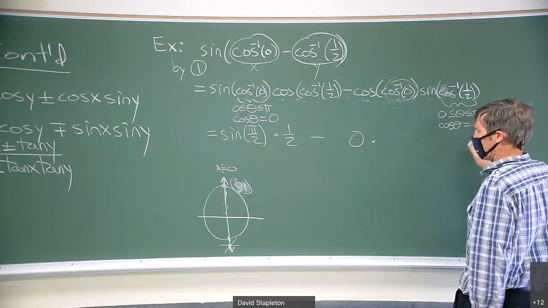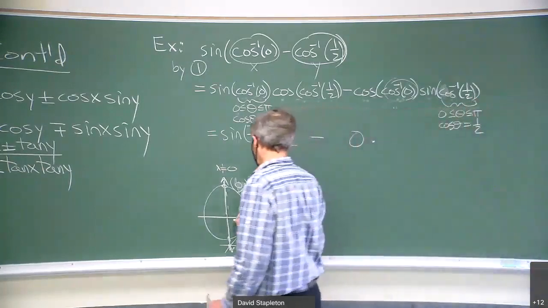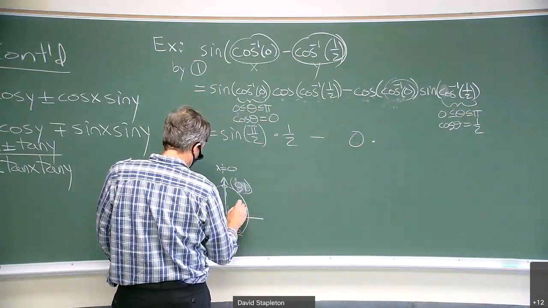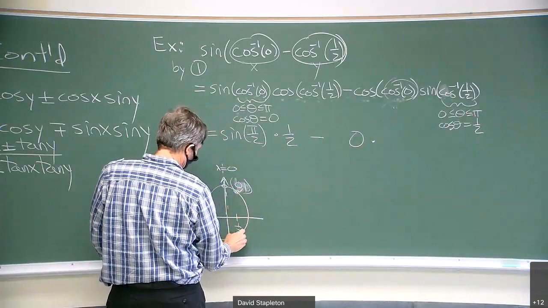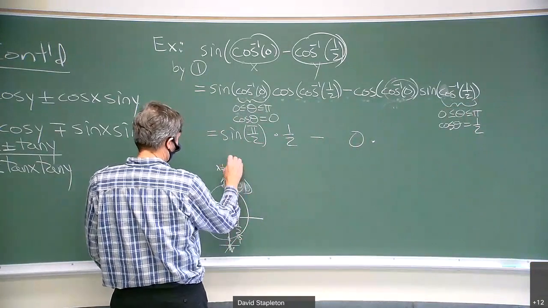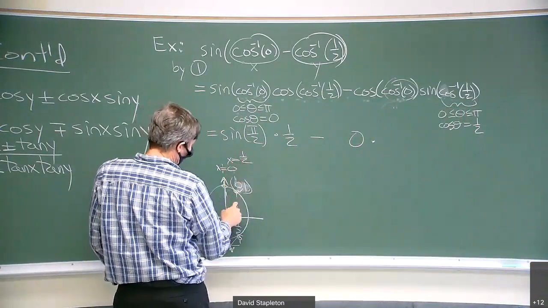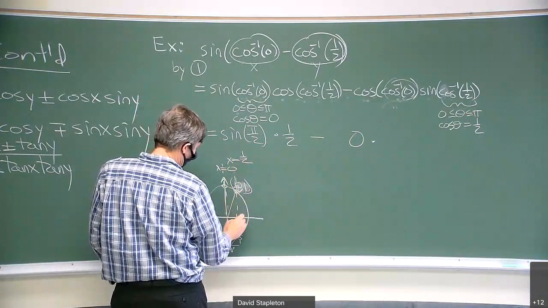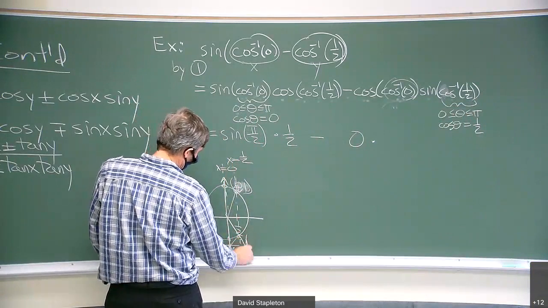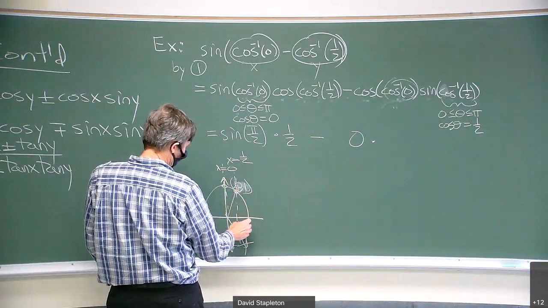What angle is that? The cosine is a half, halfway across here. Here are the points on the unit circle with cosine equal to half. You can draw this line, x equals a half. And so it's either that angle or that angle. And this angle is in the wrong quadrant again. It must be this one.